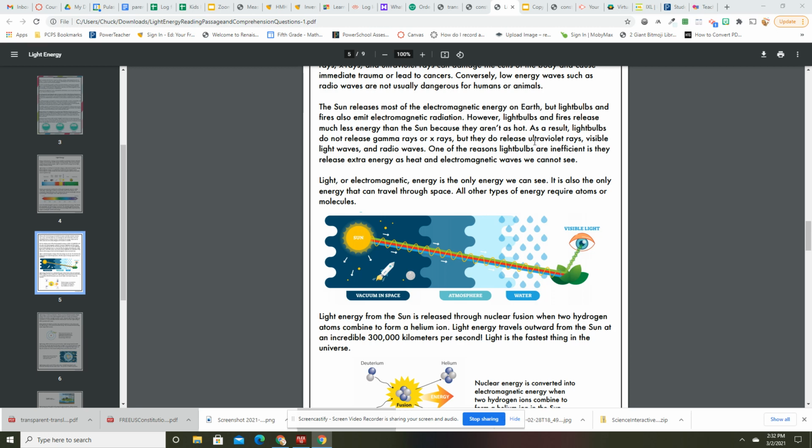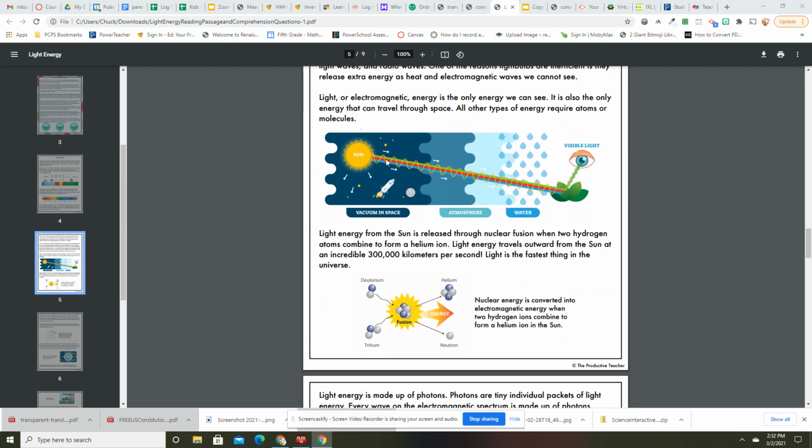One of the reasons light bulbs are inefficient is they release extra energy as heat and electromagnetic waves we cannot see. Light, or electromagnetic energy, is the only energy we can see. It is also the only energy that can travel through space. All other types of energy require atoms or molecules.